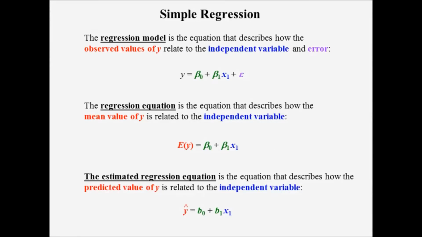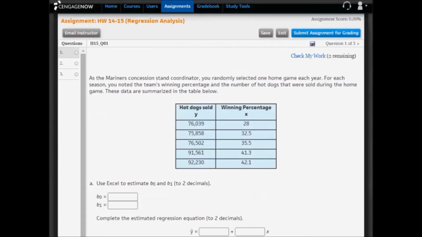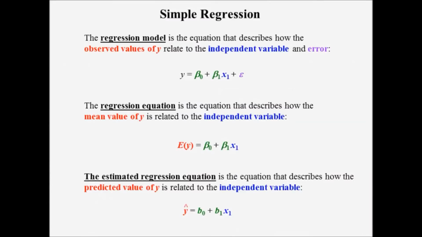The estimated regression equation is the equation that describes how the predicted value of y is related to the independent variable. Now notice that we use b0 and b1 here. We don't use beta 0 and beta 1 anymore. And the reason for that is because we've taken sample data. In this case, we have 5 observations. We've taken sample data and we've used Excel to estimate the values of beta 0 and beta 1.